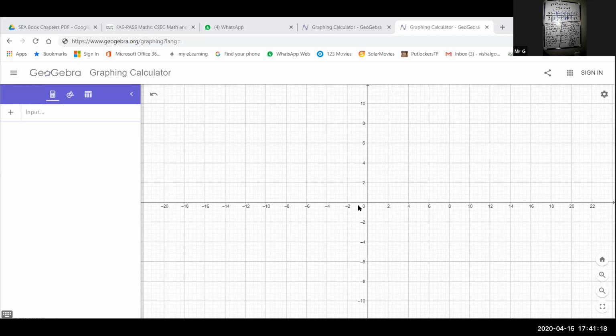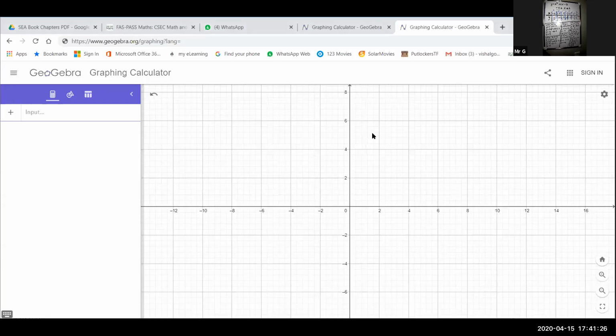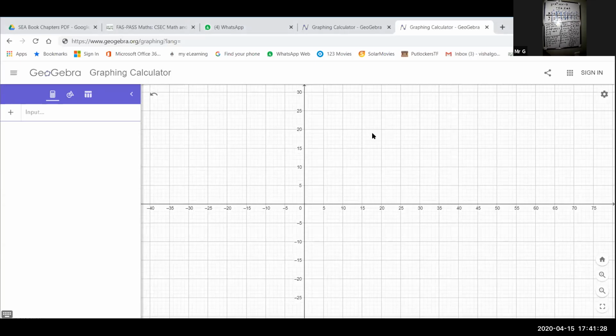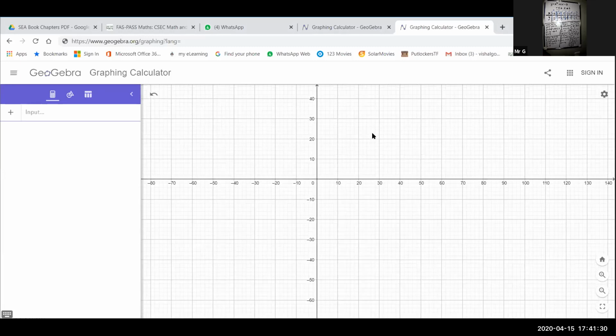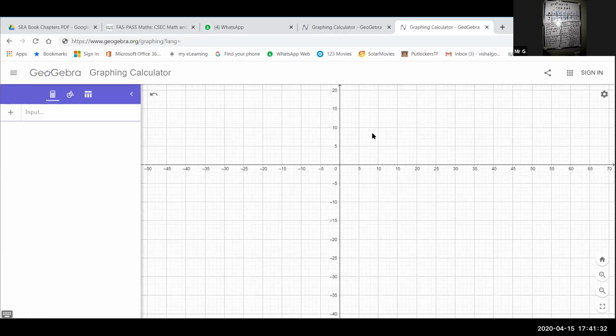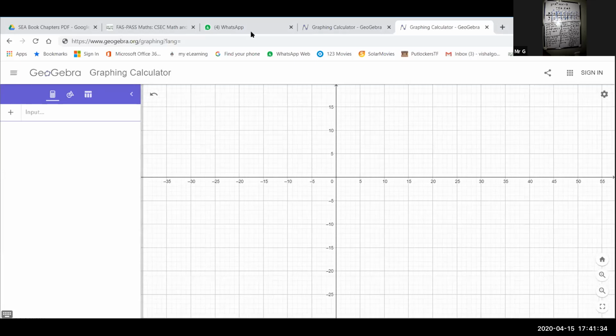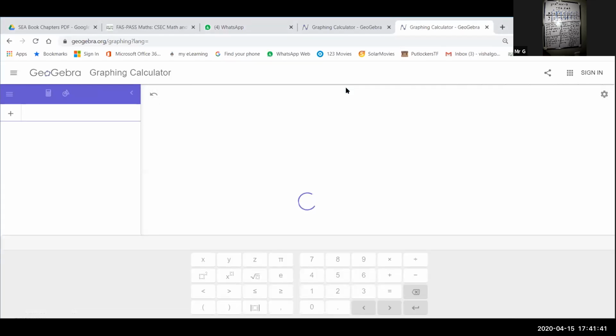And this entire line going up here is the y-axis, okay? Yes, people? Anybody have any questions? Nobody has questions?